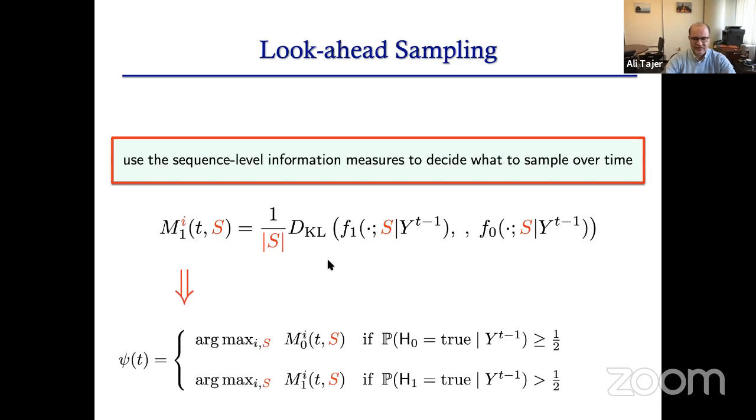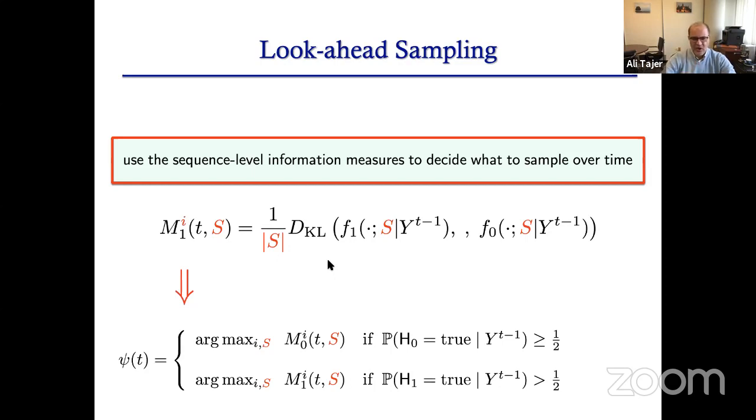That means we look at information measure M0. Among all the nodes i, we look at the node i which has the highest promise for information content for the future samples that we will be selecting over time. That node, in conjunction with its corresponding sequence, is selected to be the nodes that we will be observing in the future.